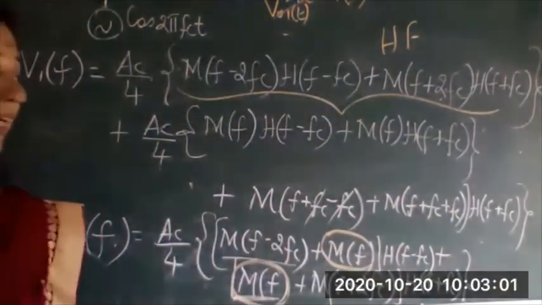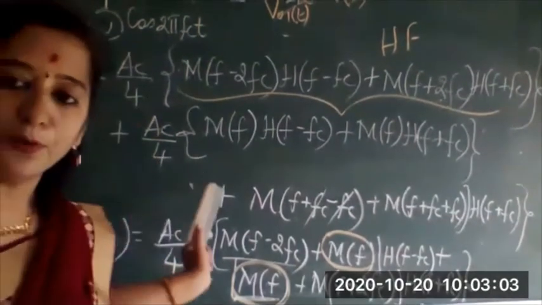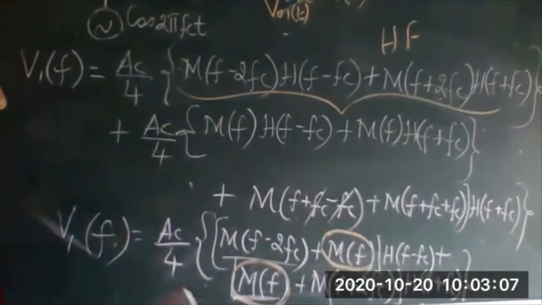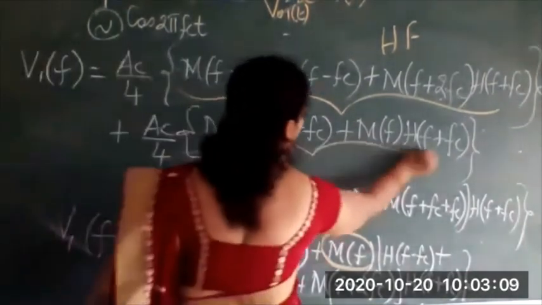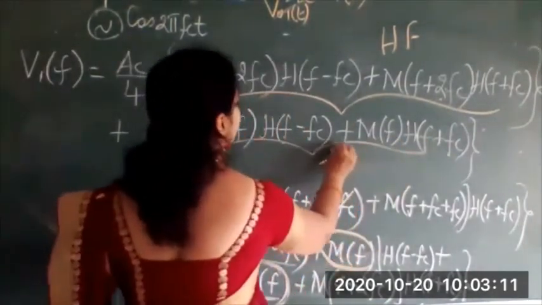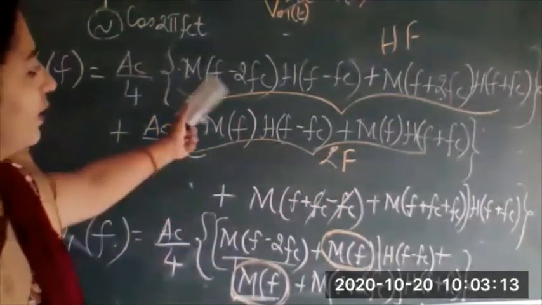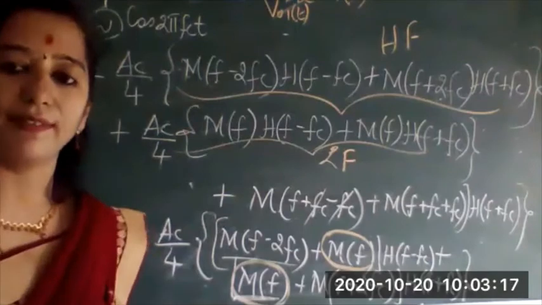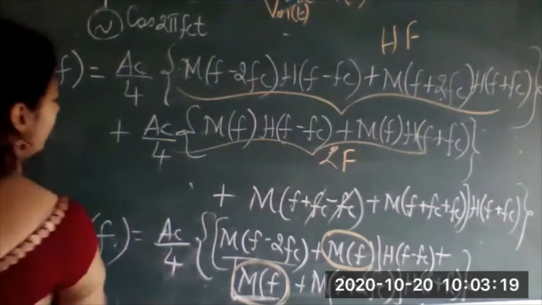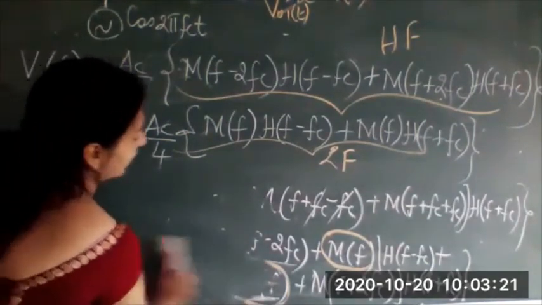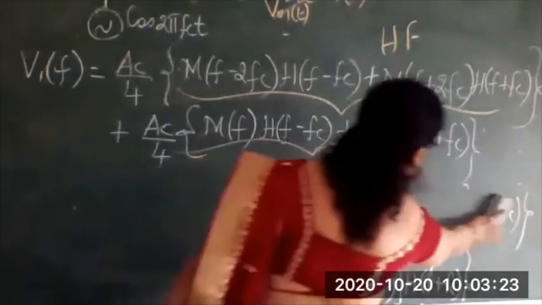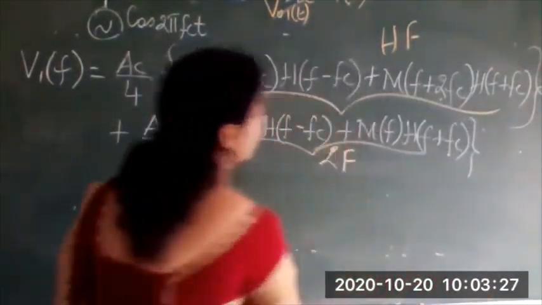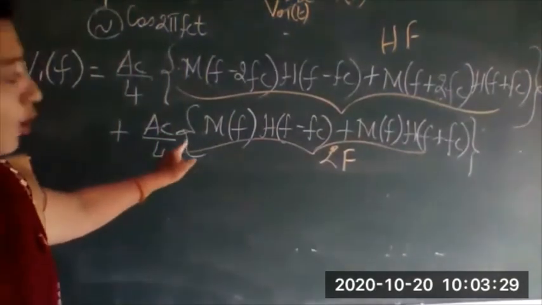So all what we have done here is group the high frequency terms together and all the low frequency terms. So all these represent the low frequency components. We have written them together. High frequency, low frequency we have separated. Now we will see what is the use of doing this. What's the use of doing this job?